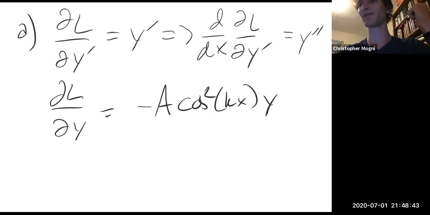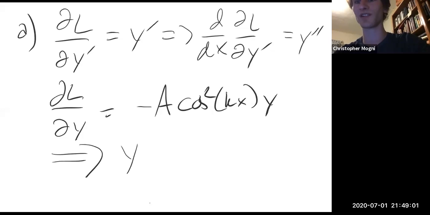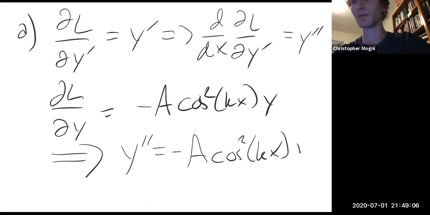So again, the Euler-Lagrange equations in this case were oblivious to the x dependence; it acted as though it was some position-dependent constant. So the Euler-Lagrange equation is y double prime equals minus a cosine squared kx times y.